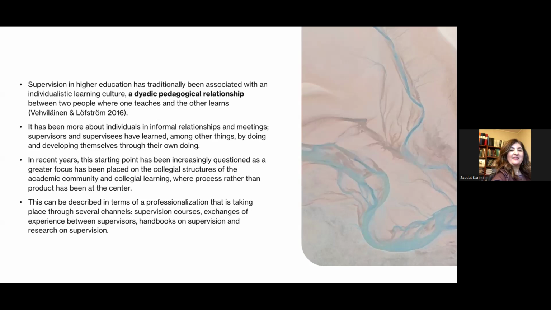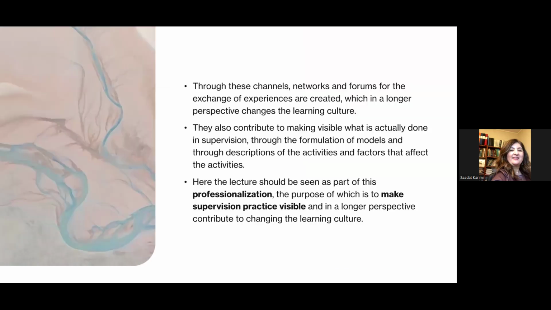This can be described in terms of a professionalization that is taking place through several channels. Supervision courses, exchanges of experience between supervisors, handbooks on supervision, and research on supervision. Through these channels, networks, and forums for the exchange of experiences are created, which in a longer perspective changes the learning culture.